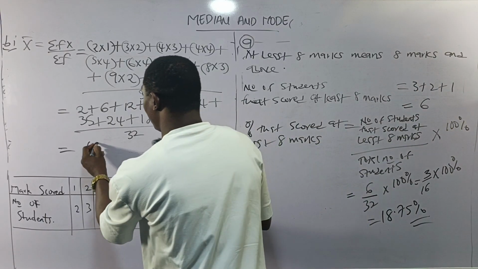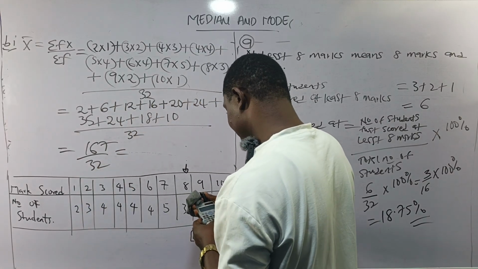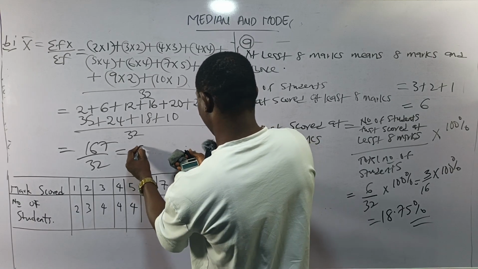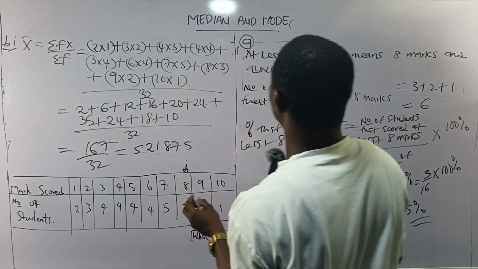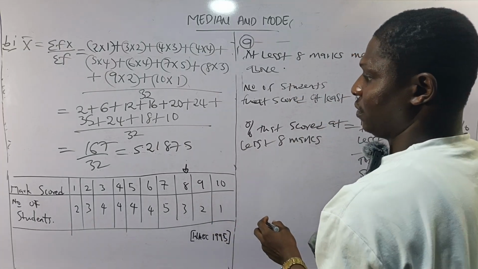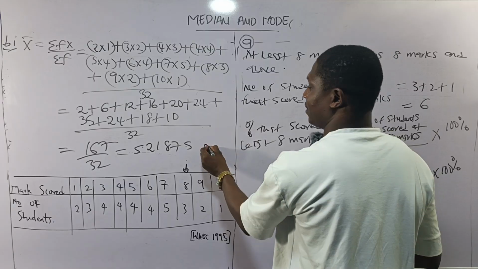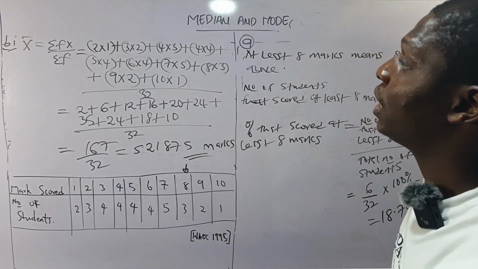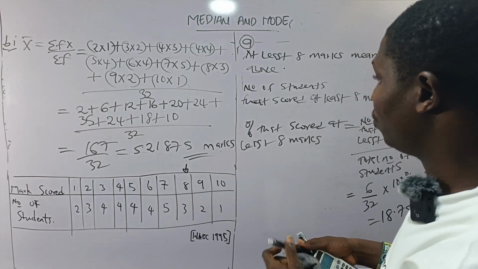This will give me 167 all over 32. So if we divide by 32, we have 5.21875. Which unit? Since it's marks, the unit is marks. So this is the mean. Let's go to the next, which has to do with the median.